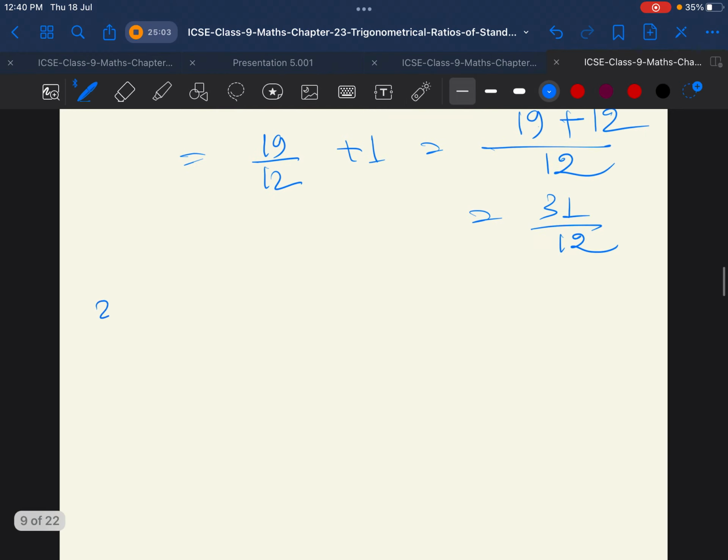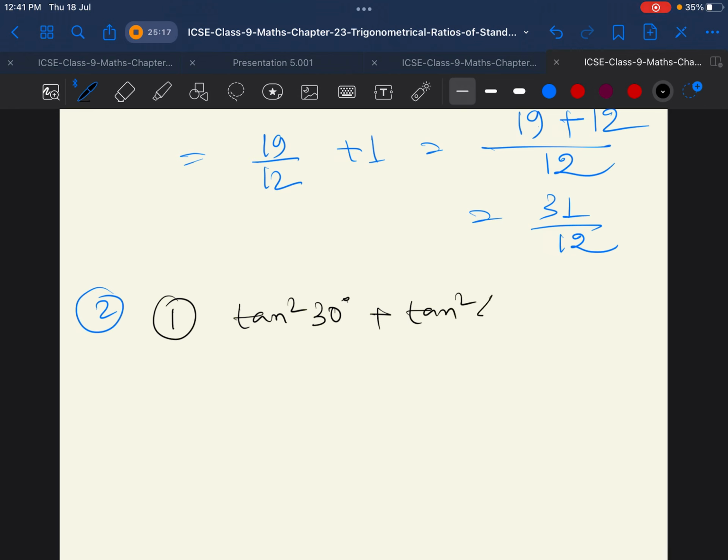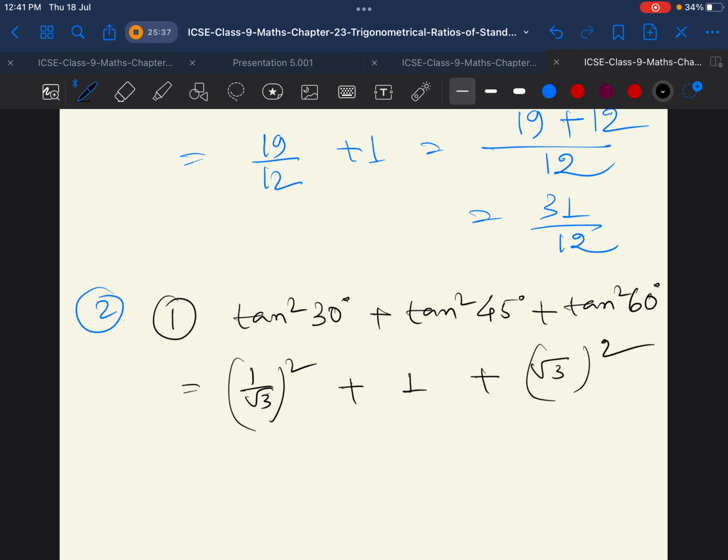Now question number 2. Find the value of this. First question, you see, tan square 30 degree plus tan square 45 degree plus tan square 60 degree. So we know tan 30 is 1 by root 3 whole square plus tan 45 is 1 plus tan 60 is root 3 whole square.